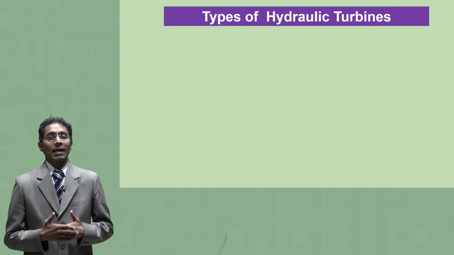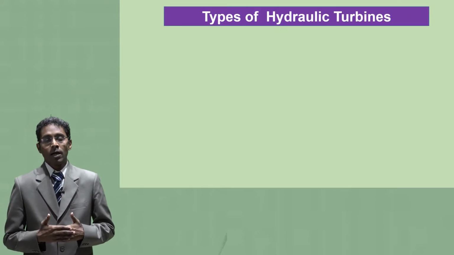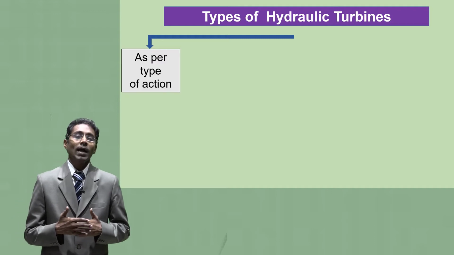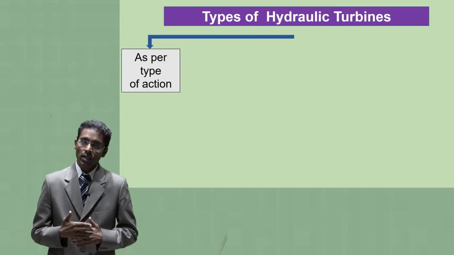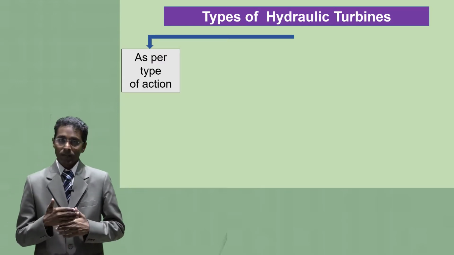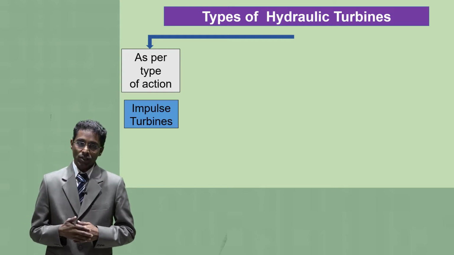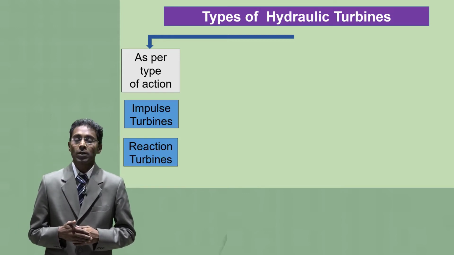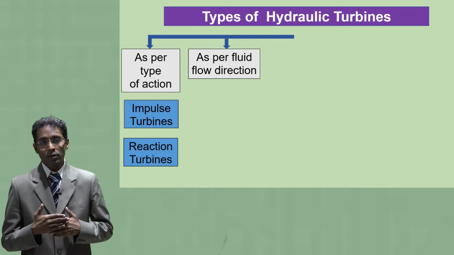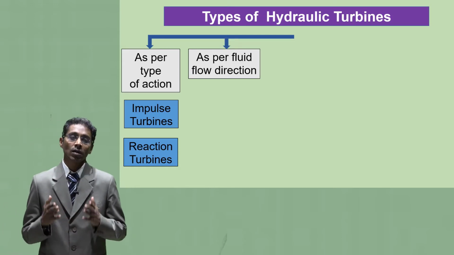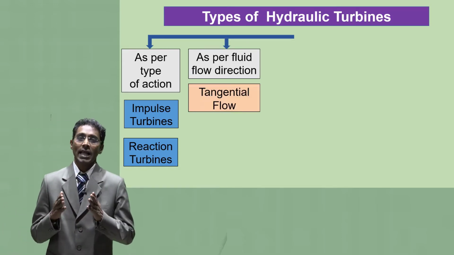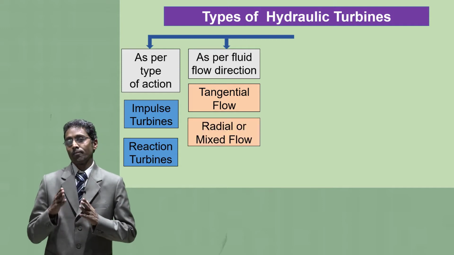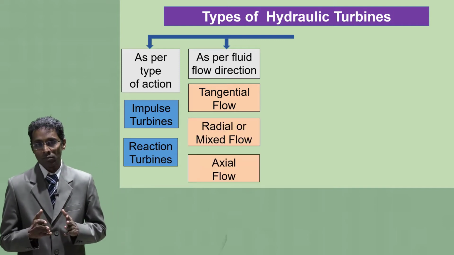So we will see types of hydraulic turbines. Hydraulic turbines are classified as per the type of action into two types: first impulse turbine and reaction turbine. As per the type of flow direction, hydraulic turbines are classified into three types: tangential flow, radial or mixed flow, and axial flow.